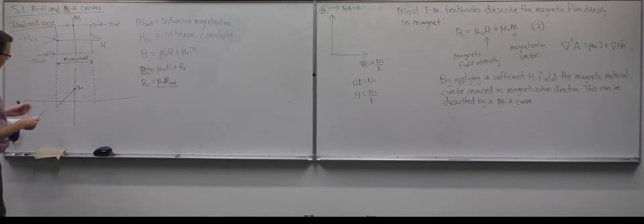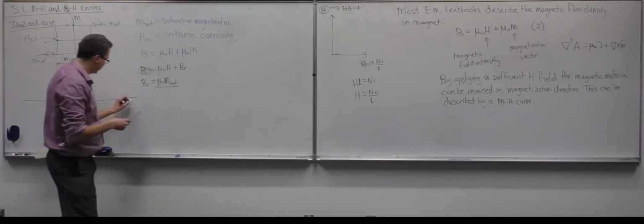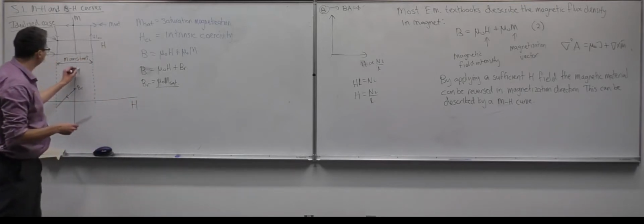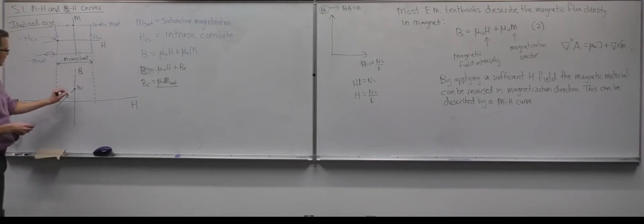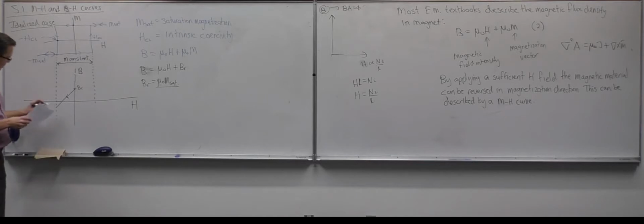So we apply an H here, this is H, and this is B now. And we start at BR, and we now apply an H in the negative direction by using a current, right? And so then we get to this crossing here.